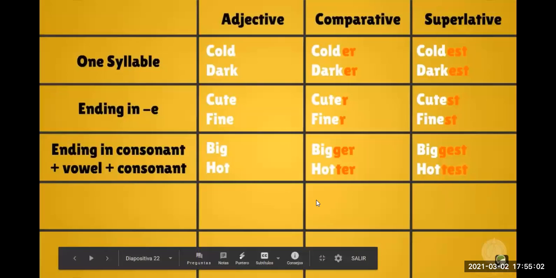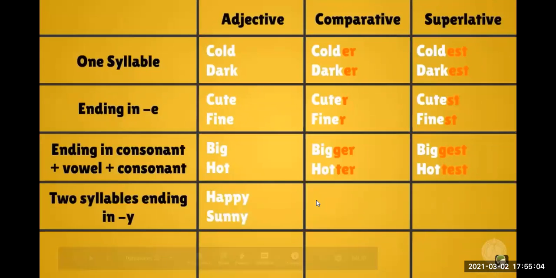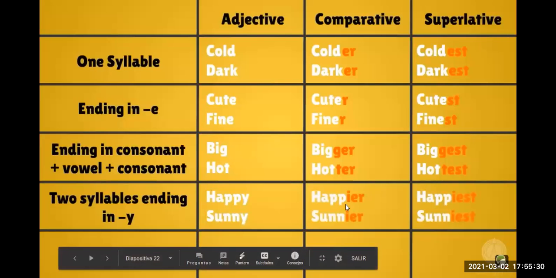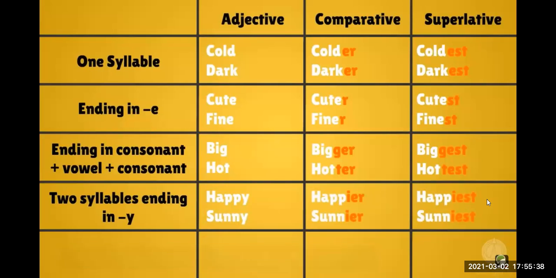When the adjective finishes in Y, for example, happy or sunny, we change the Y for I and we add ER or EST. Very good. Happier, happiest, sunnier, sunniest.